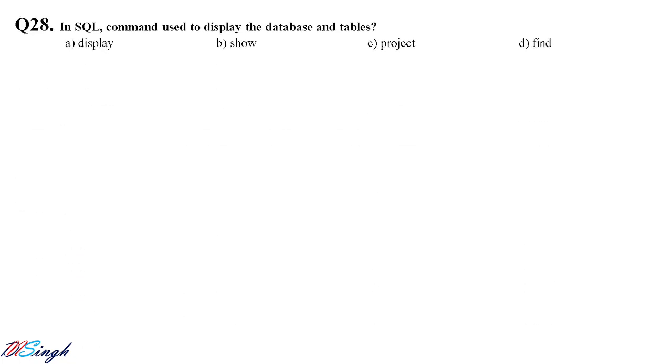Next question: in SQL, which command is used to display the databases and tables? The show command is used, because you can just use show tables when you want to see the list of tables. When you want to see the databases, just write show databases.